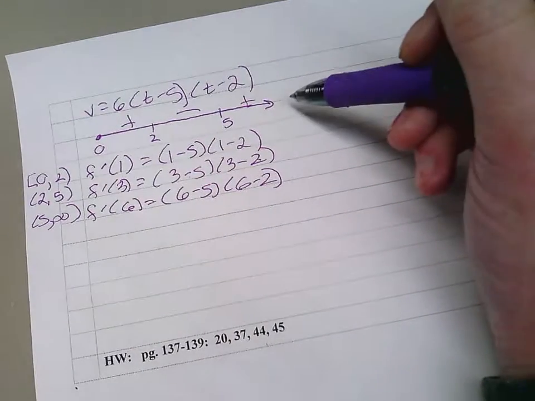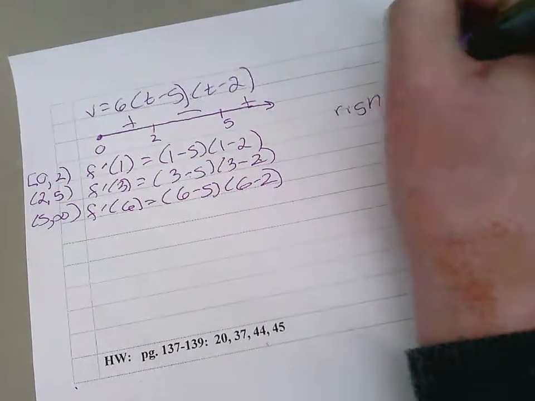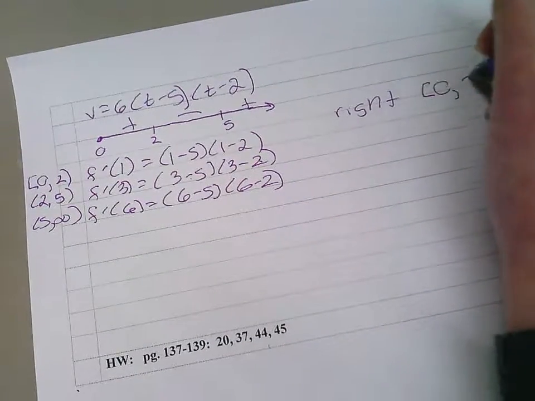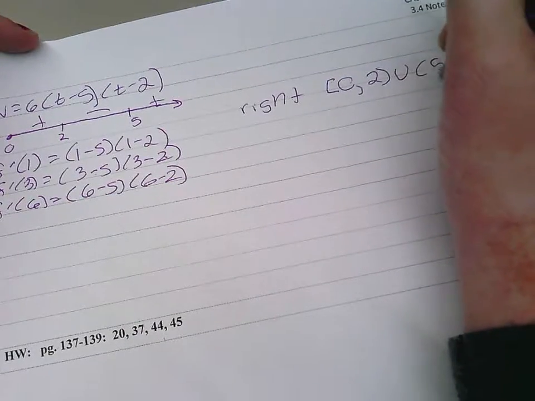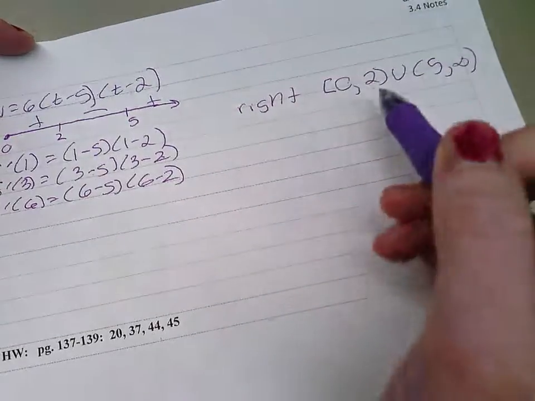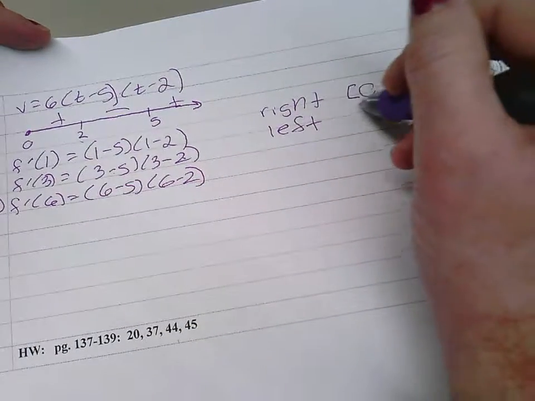So the particle is moving right where you see the positives, from 0 to 2 union 5 to infinity, and it's moving left when it's negative, which is from 2 to 5.